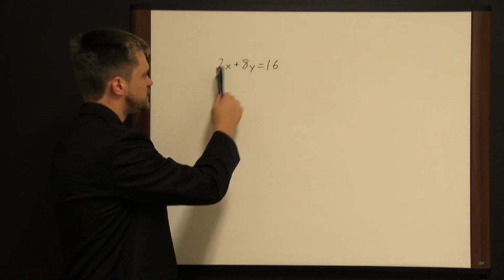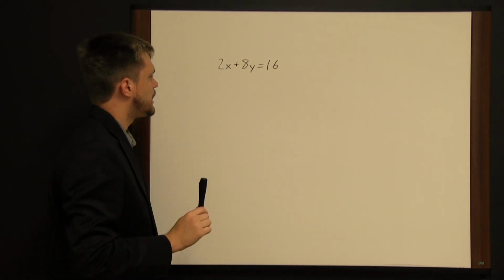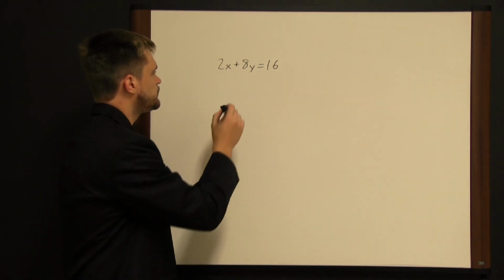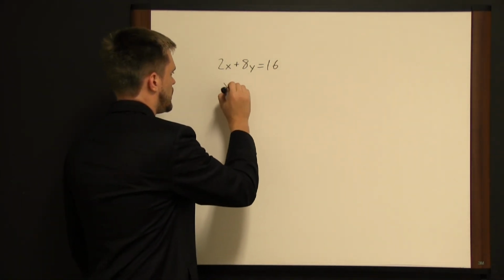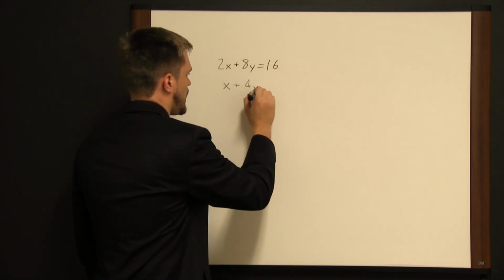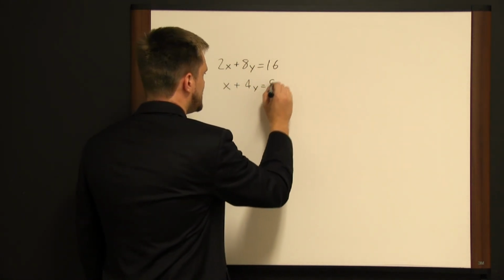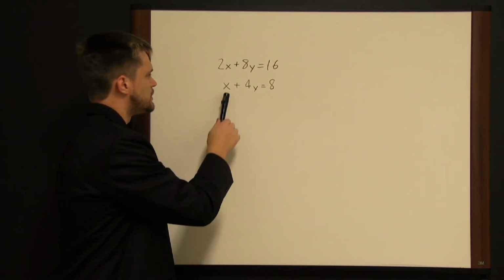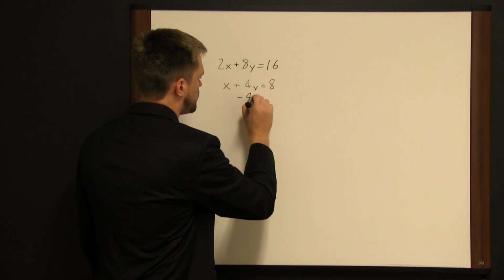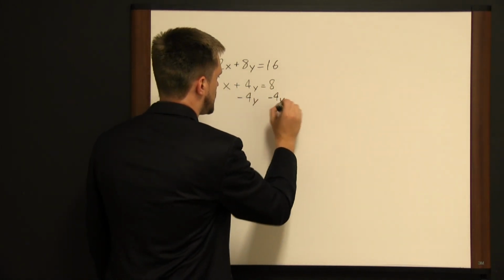So first, let's solve this equation for x. The first step in doing that is going to be to divide each term by 2. So we're going to be left with x plus 4y equals 8. And so to further isolate x, we're going to need to subtract 4y from both sides.